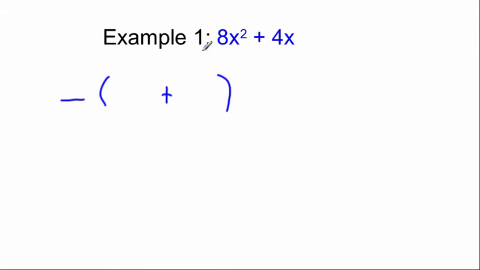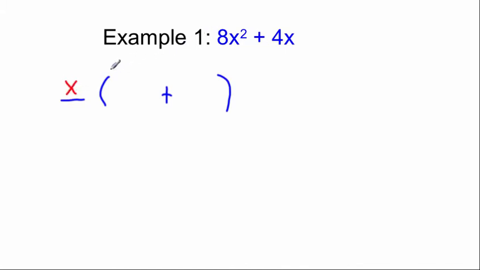Let's think of one thing we could have multiplied onto something to get 8x squared and onto something to get 4x that would be the same. And let's go for something that looks fairly straightforward. We have an x here and an x squared. So it looks like I could have multiplied x onto something here and x onto something there. So let's put an x here.